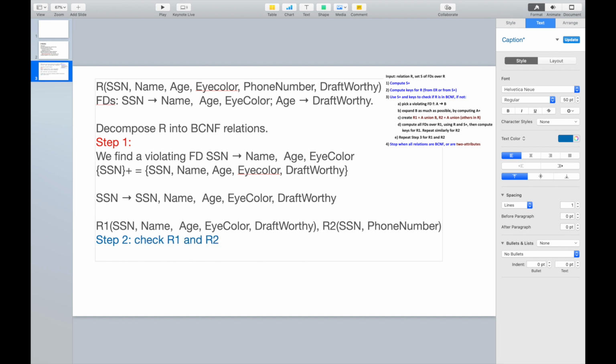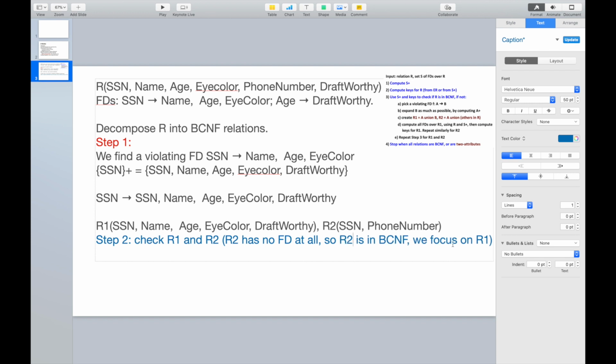According to our knowledge, we find that R2 should be safe, because in R2 we cannot find any violating FDs. R2 has no FD at all, so we can say R2 is in the BC normal form.